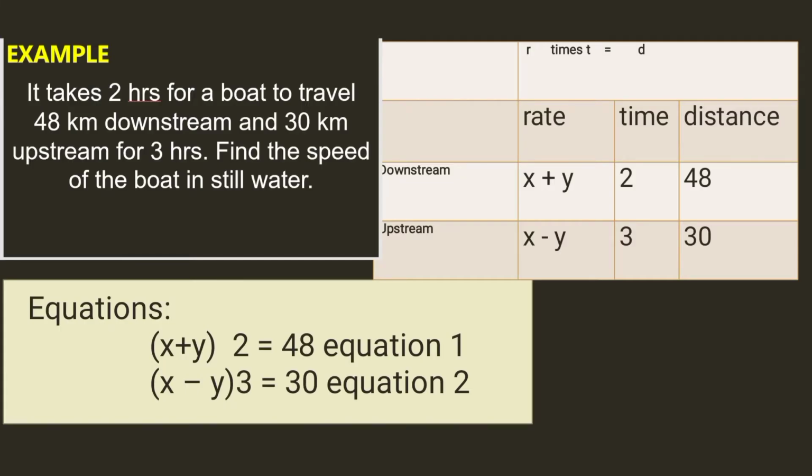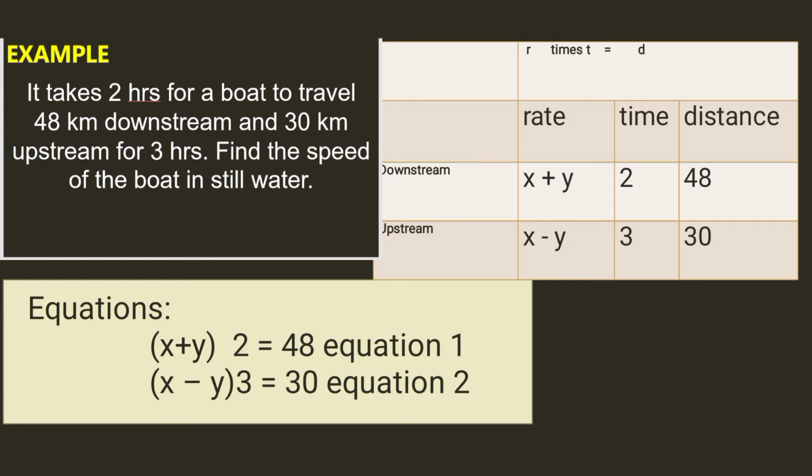We can use a table. As I said, this is a motion problem, so we have speed equal to, what is the formula to get the speed? Distance over time, d over t. When you are downstream, the rate is x plus y.